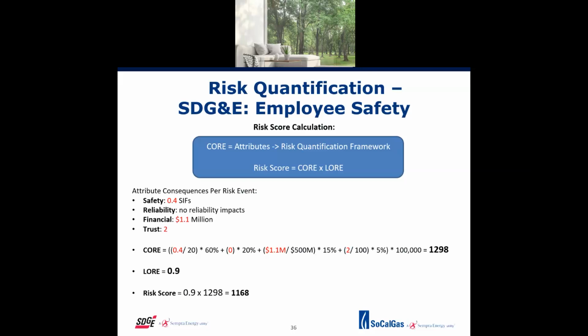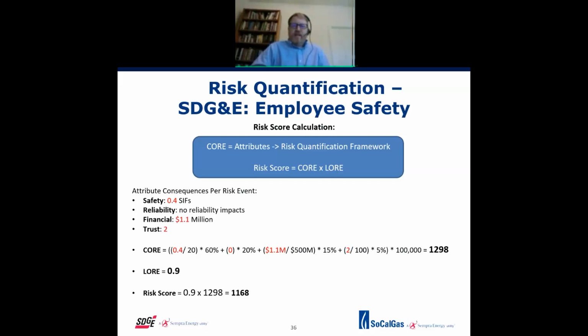Did I misunderstand? Sorry, I didn't mean to interrupt you. No, it's identical in nature. We're using the settlement agreement for both utilities, using the core and lower. Expected value is part of the core and lower framework of the settlement agreement. Sorry if I confused terms, but no difference in the methodologies between the utilities.